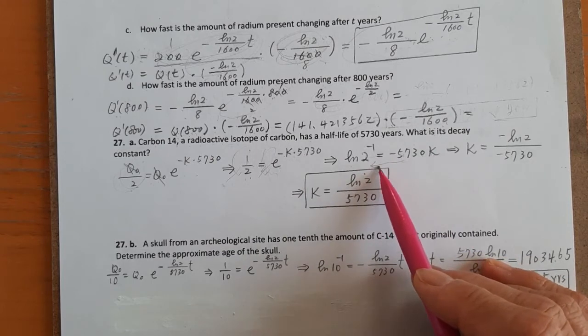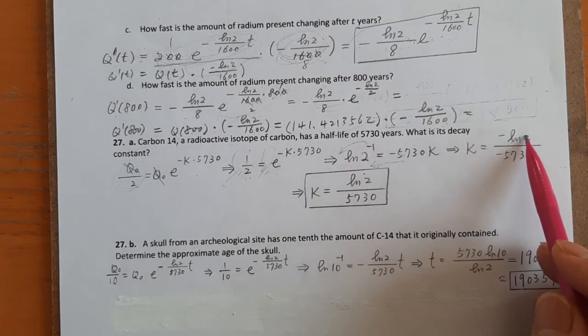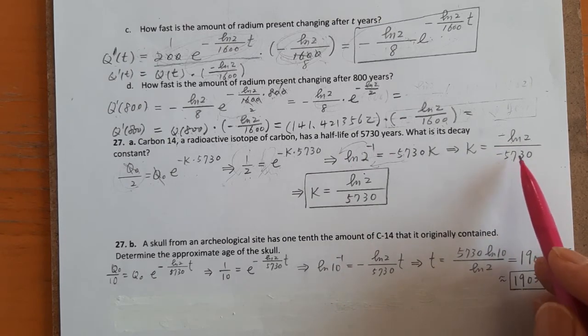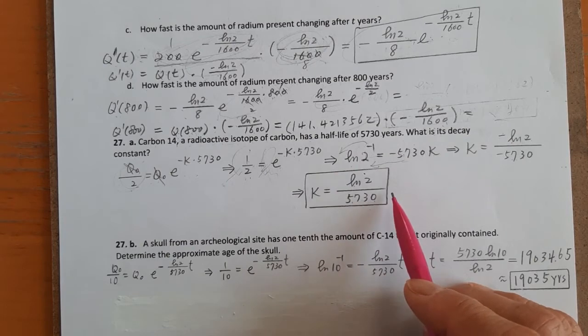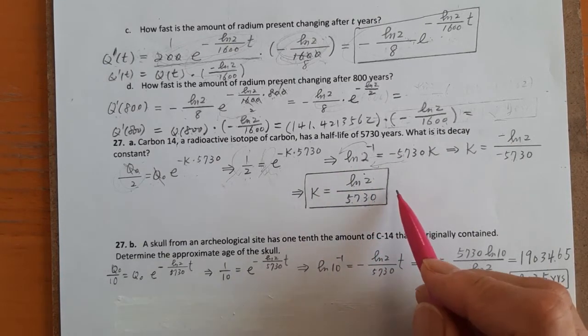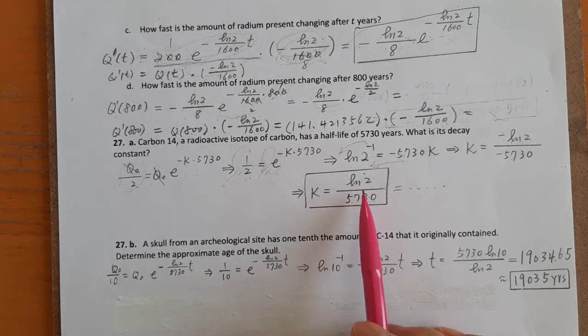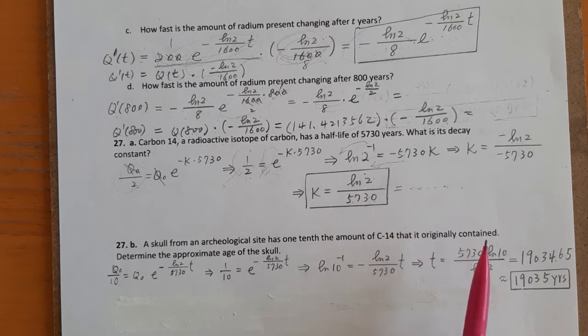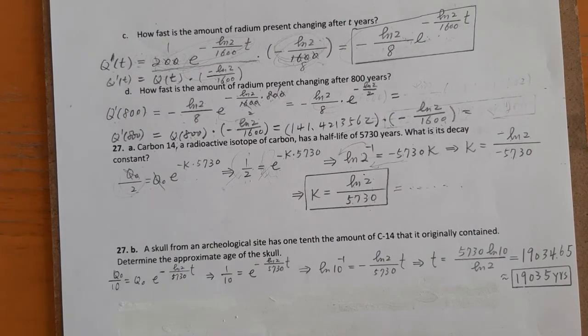Then divide, and we get k equals ln2 over 5730. That is the decay constant. You can leave the answer like this or use a calculator to get a decimal, but this is the exact answer, and a calculated one is approximate. So leaving the answer with the ln is better.